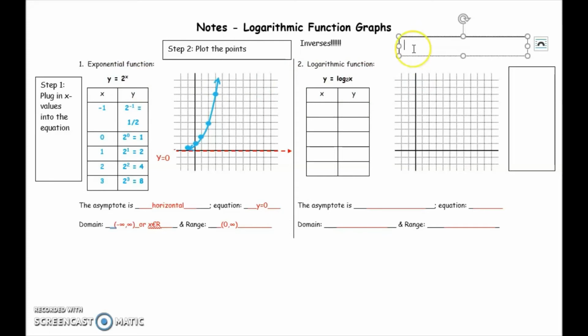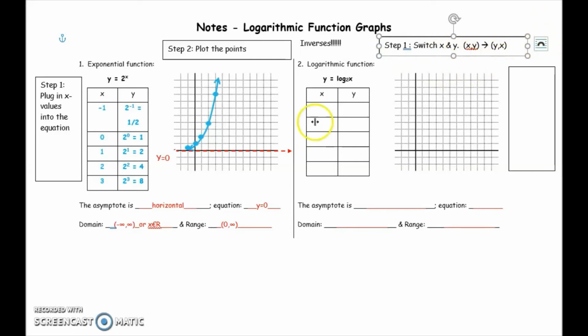So step 1 of inverses is we switch x and y. What that means is our xy coordinate becomes yx.